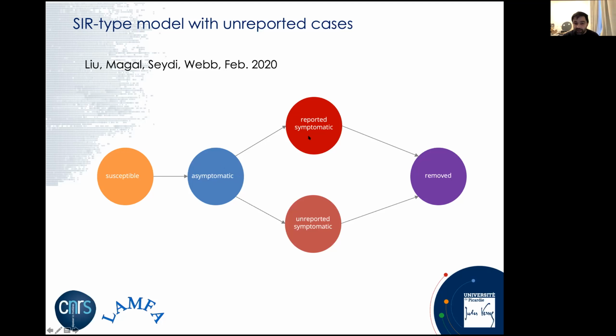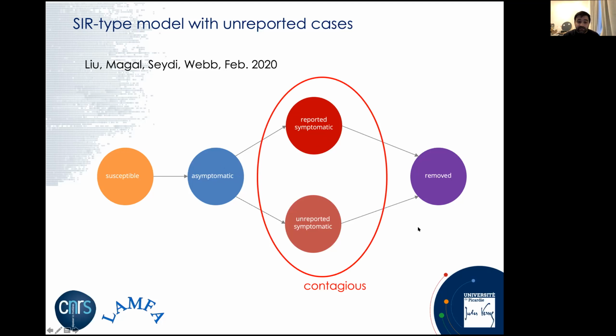Then everybody has symptoms, some known and some remaining hidden, and both recover. In their model also, they suppose that these ones are the contagious people. This paper is also interesting because they propose a way to simulate an SIR type model when you have only partial information on the infected.